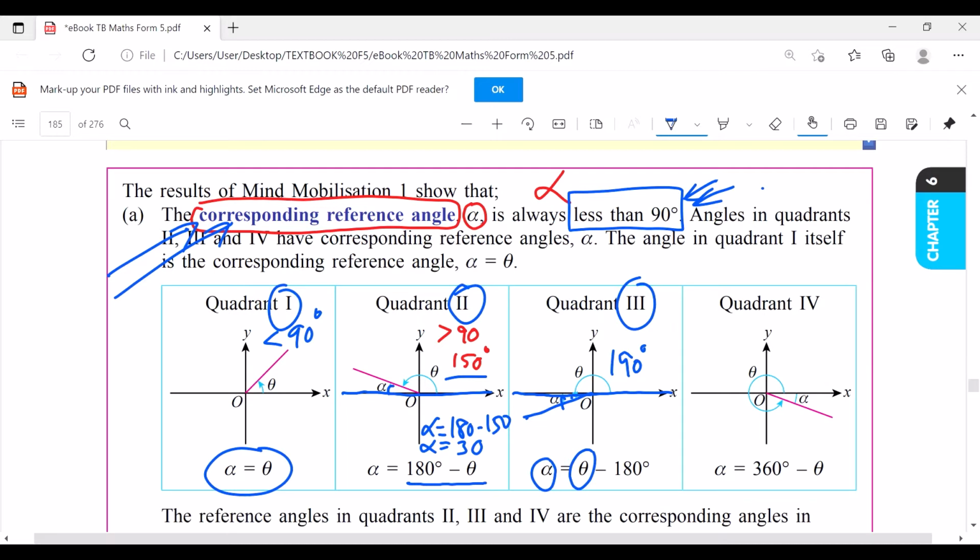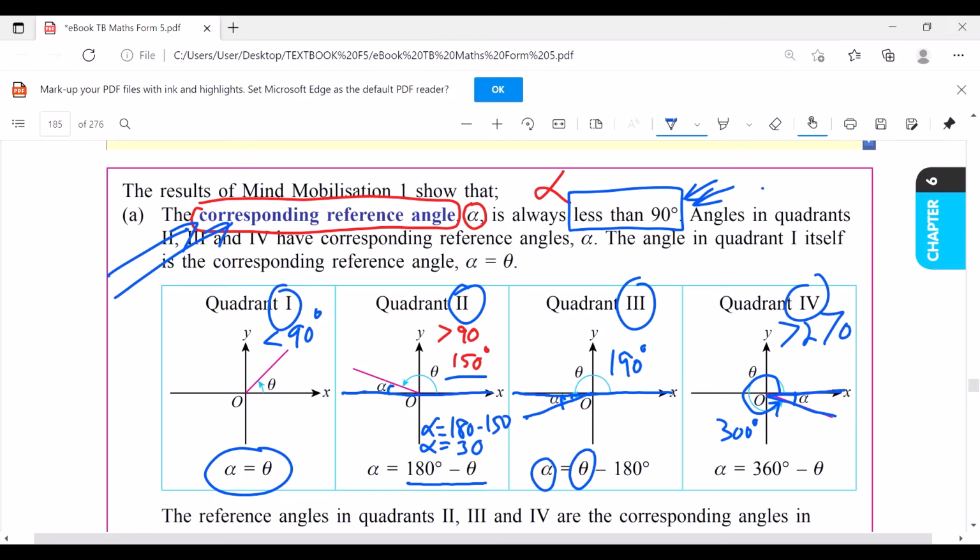Okay, if your angle is more than 270, you will go to the fourth quadrant. So let's say the angle here is 300. From here to here it is 300. So how do you find your corresponding reference angle? It is here.